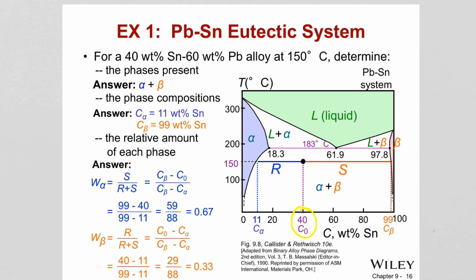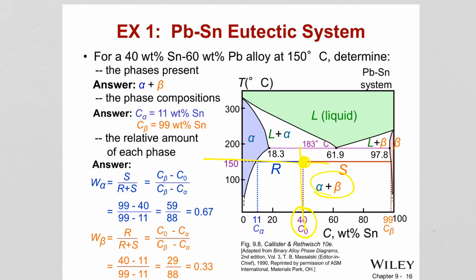So this is your original composition. And the temperature given to us is 150. So we look at the intersection and we find that we are located in a region where alpha and beta solid phases are in equilibrium. Alright, so that means I have both alpha and beta in the system.